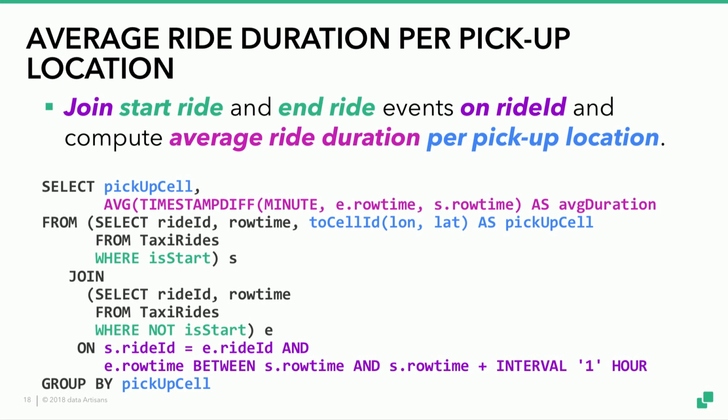So it's a window join of 1 hour. And as I said, it's SQL. You may have to get used to the syntax again, but it is standard SQL, so everybody should get this.